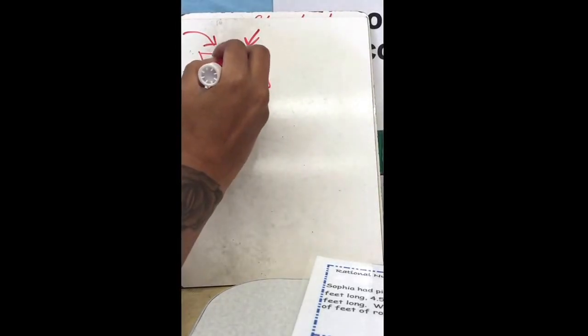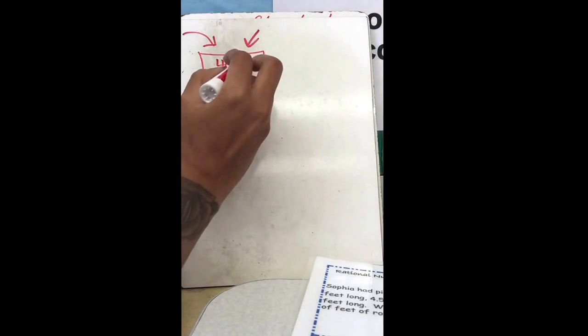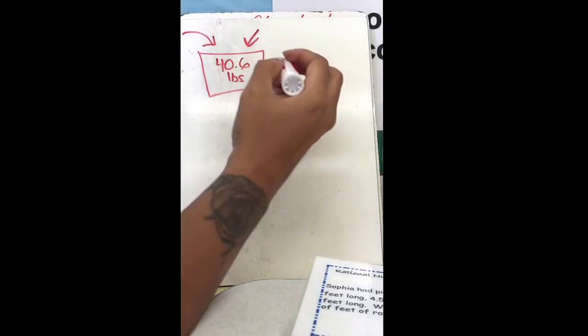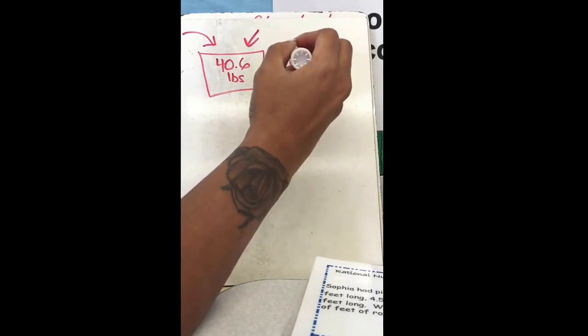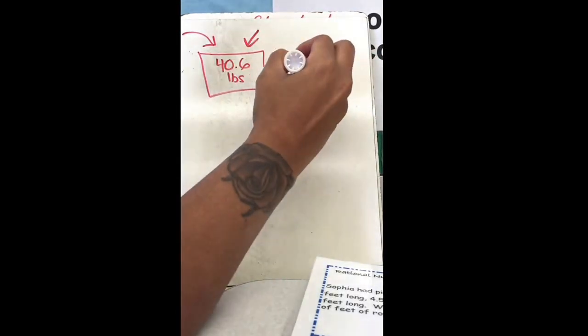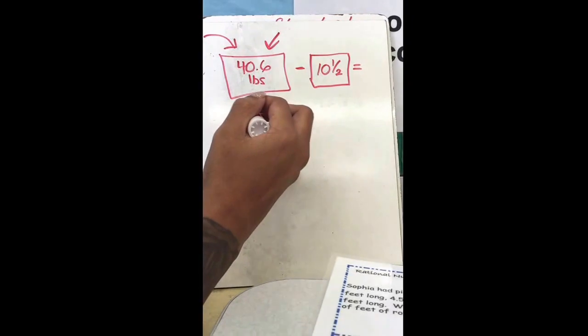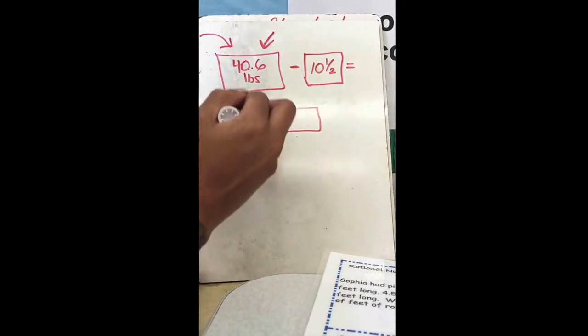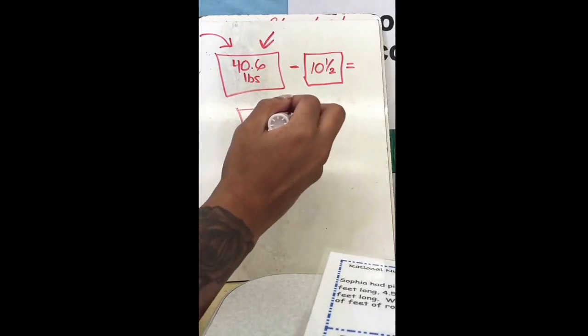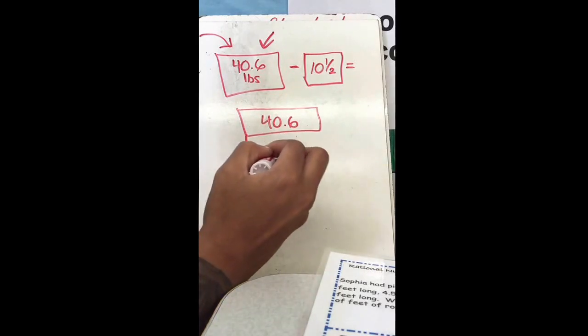weigh 40.6 pounds. And I know I'm going to take out, I'm going to remove 10.5 pounds. And then I'll have a new weight. Sometimes I also think of it as a bar model. I know in the beginning I had 40.6.